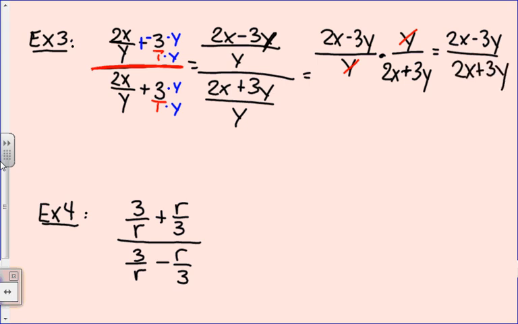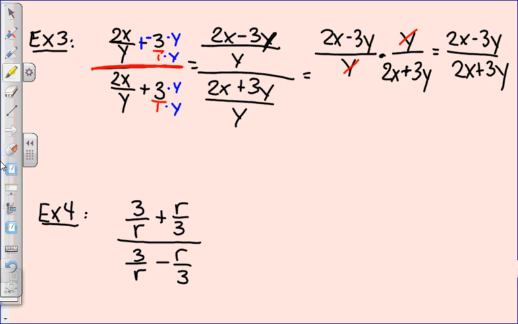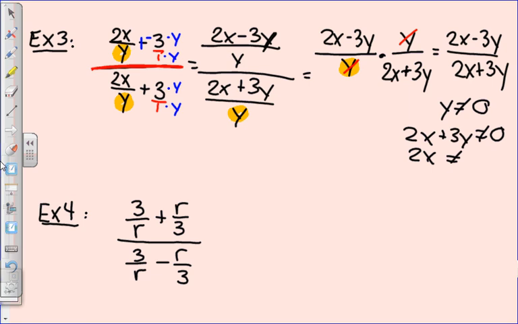So now let's take a look at the restrictions. We have a y in the bottom, y in the bottom. Here's still a y in the bottom, so what can y not equal? And then right here, do you want to solve for x or for y? Doesn't matter which one. X. Okay? So 2x plus 3y cannot equal 0. 2x cannot equal negative 3y.